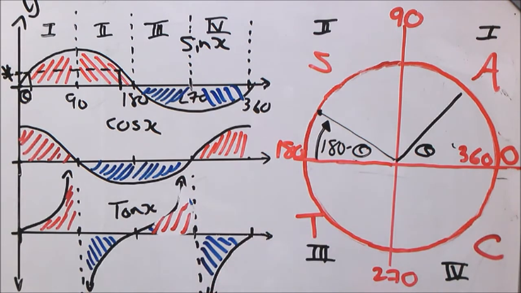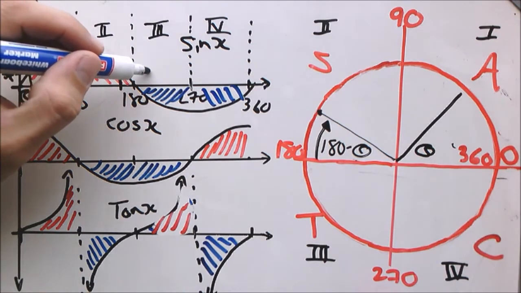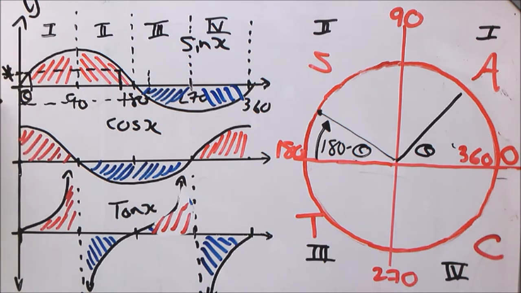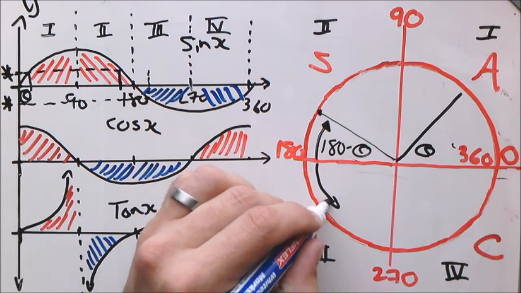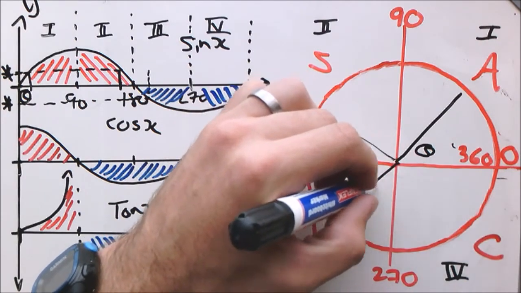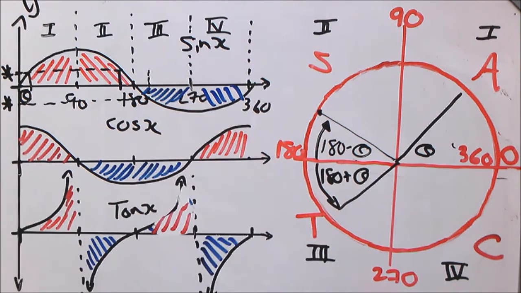Now for the sine graph, if you have 180 plus theta, you'll get the same value except it will be a negative. So in this quadrant, we have 180 plus theta, and you'll get the same value except it will be negative for the sine graph.